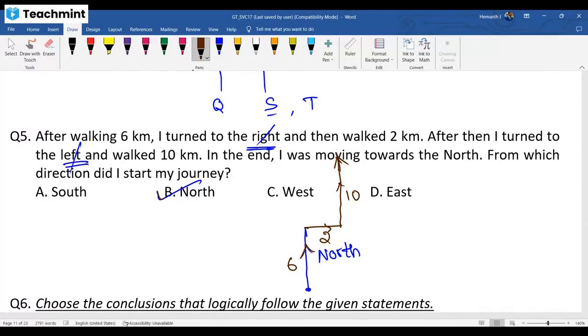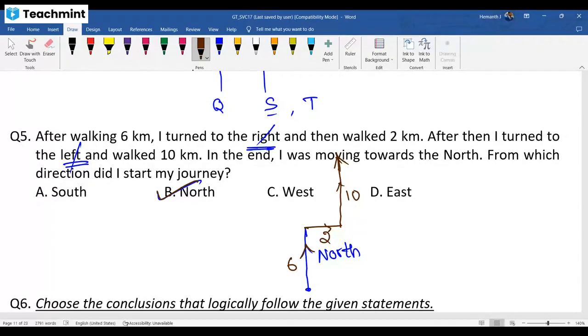How do you sense that you started north? One right and one left will be cancelled. It won't change anything for you. They're asking about direction, not distance. So from a direction point of view, two rights and two lefts will cancel. Suppose I started at north, and I turn right and then left, I'm again in the north only.